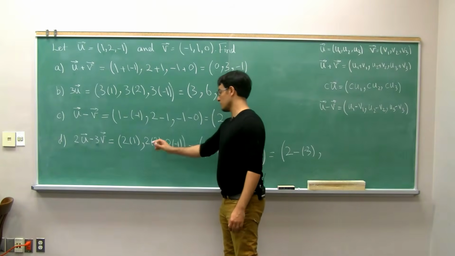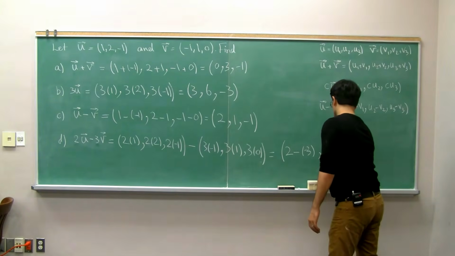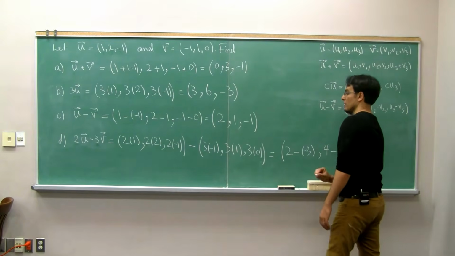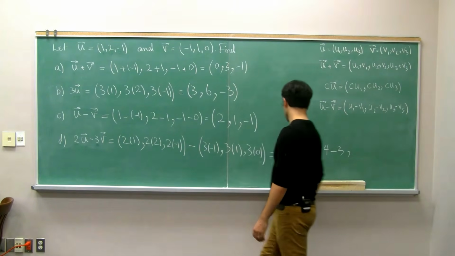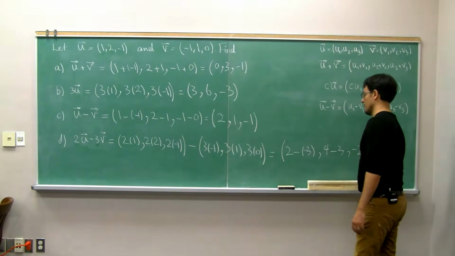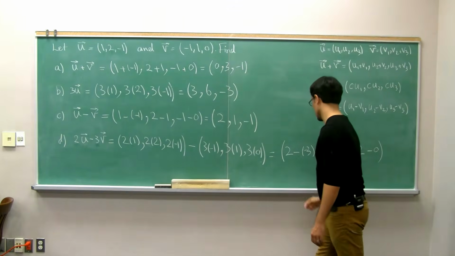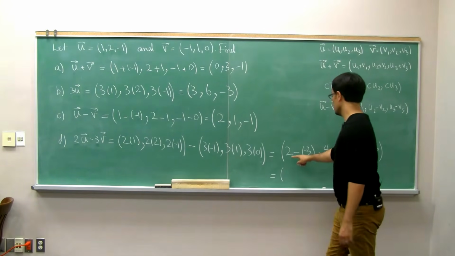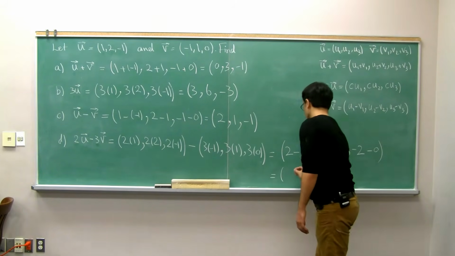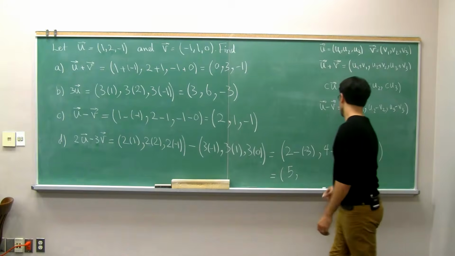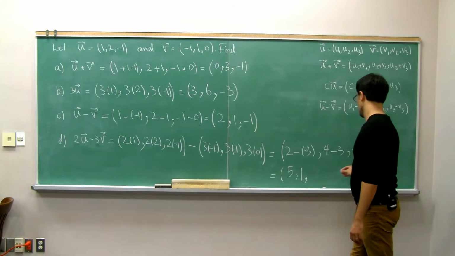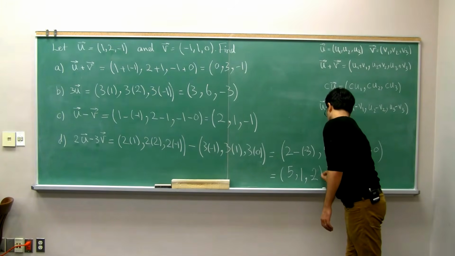The second component is 2 times 2, which is 4, minus 3 times 1, which is 3. The third component is negative 2 minus 0. And the result, as you can see, is 2 minus negative 3, which is 2 plus 3, which is 5. 4 minus 3 is 1, and negative 2 minus 0 is negative 2.